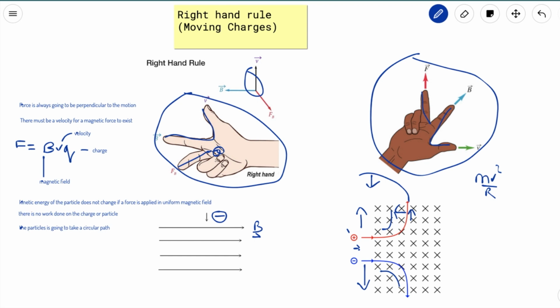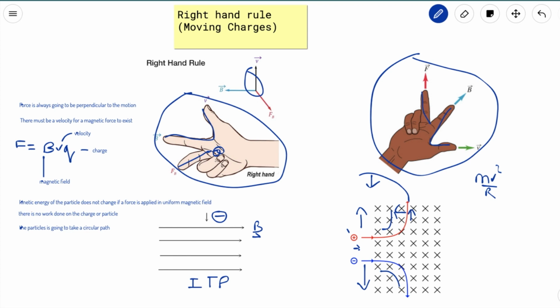So our index finger is going to go to the right. Then we stretch out our middle finger in the same direction our palm is pointing, and we see that it's going into the page. So the force is going to be into the page.